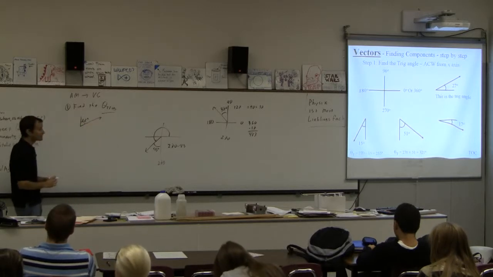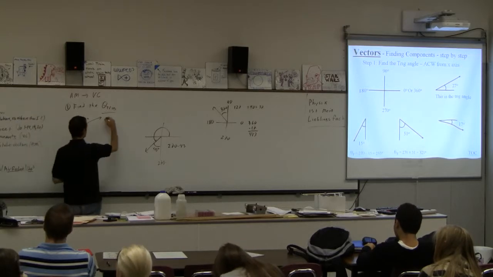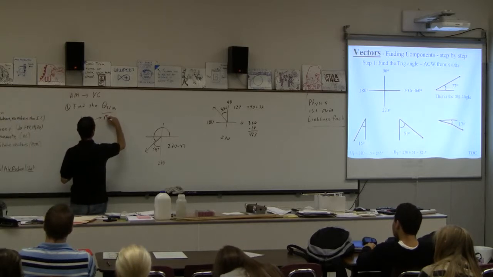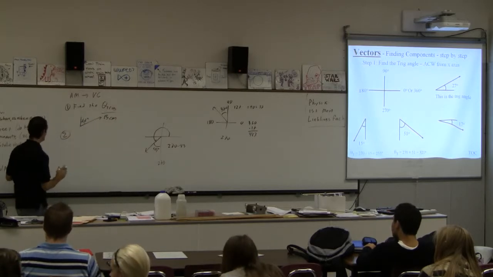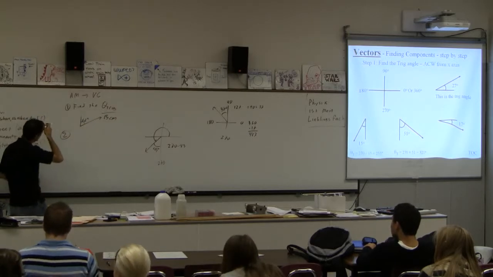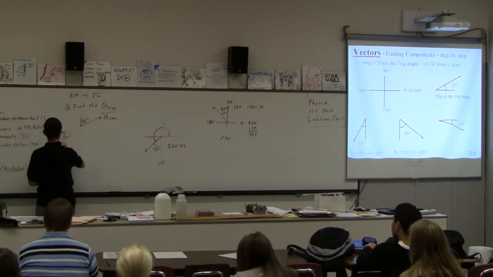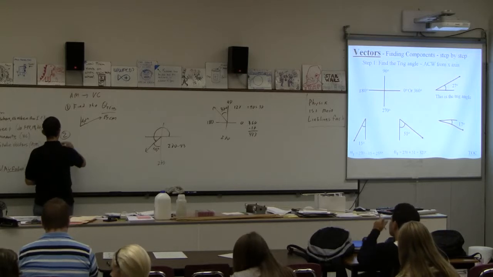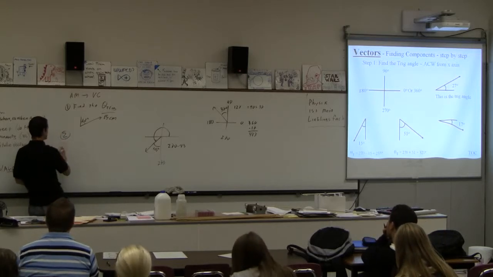Okay, let's say that that's 62 degrees, and let's say that this thing is 15 centimeters long. The next step is very simple. In this case we've got the hypotenuse, or even better to say the magnitude.